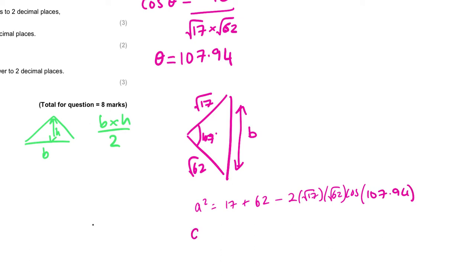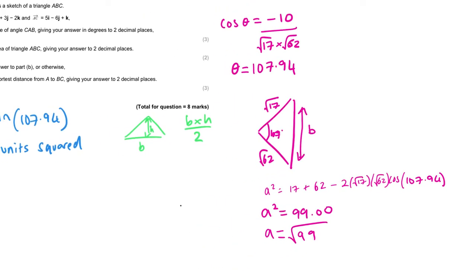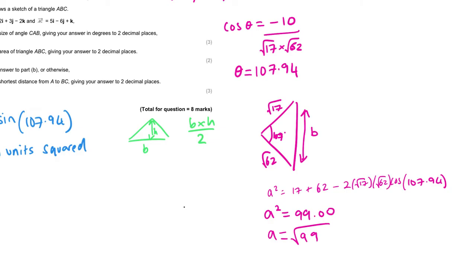Okay, who's putting this in their calculator and getting it right for me? Which gives us 99.00, square root that. Root 99 is near enough 10, but I'm going to keep it as root 99.